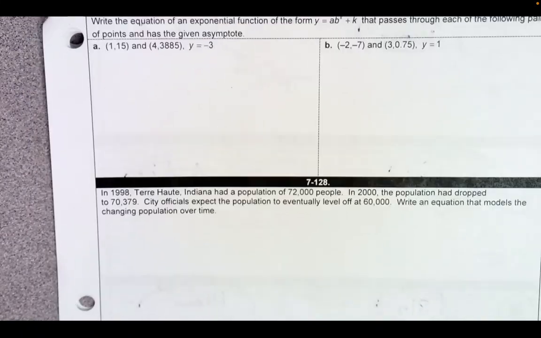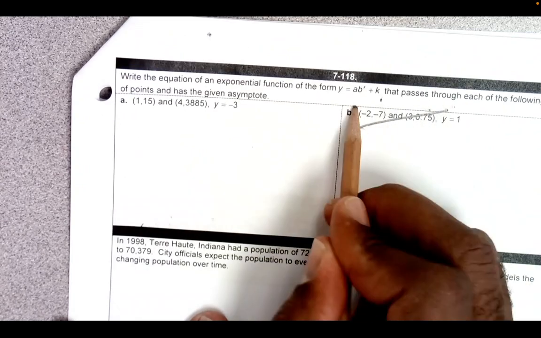On the back page, you guys can cross out letter B on 118. I'll go back to that if you need it. You can cross this one out.